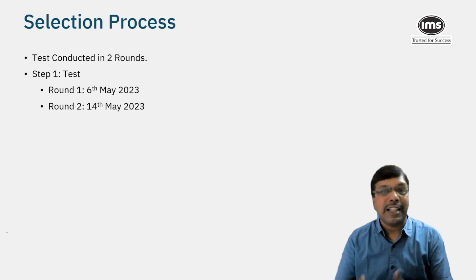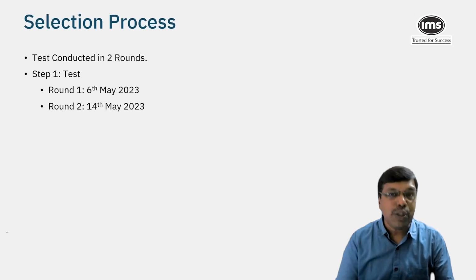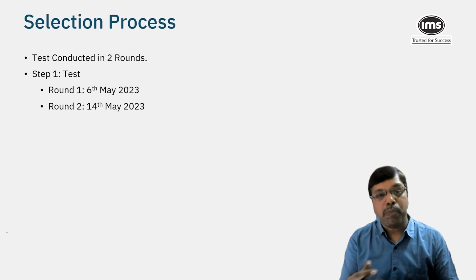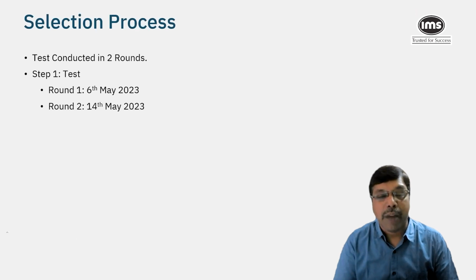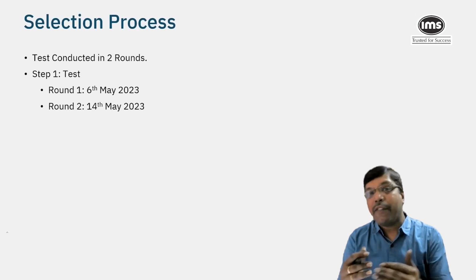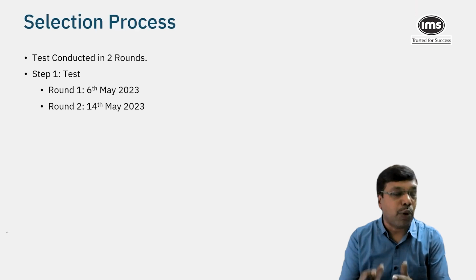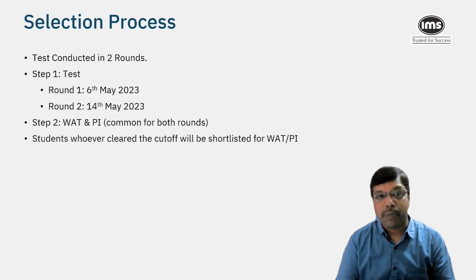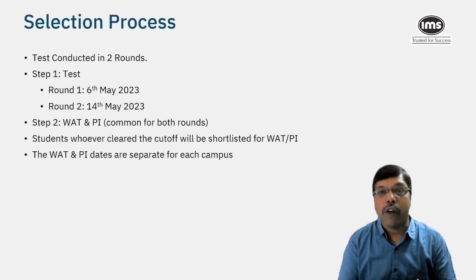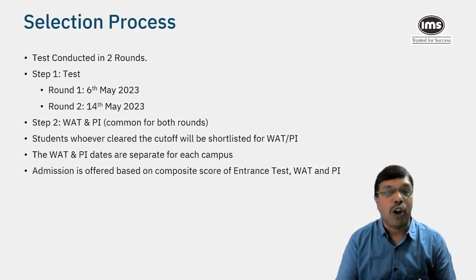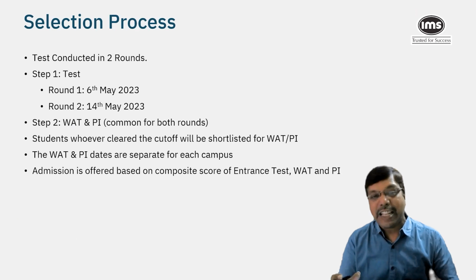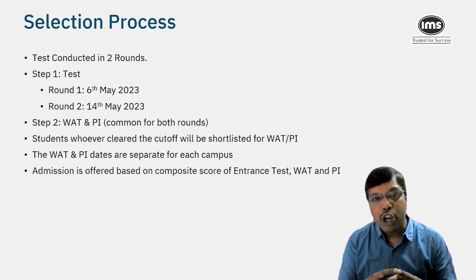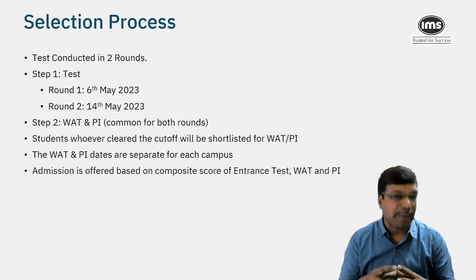Now, once the written test is done and the results are announced, every campus and program will have a cutoff that is decided by the respective admission authority, and students who have applied to those campuses and programs and have cleared the cutoff will be shortlisted for the second stage of the selection process, which constitutes the written ability test and personal interview, shortly called VAT-PI.